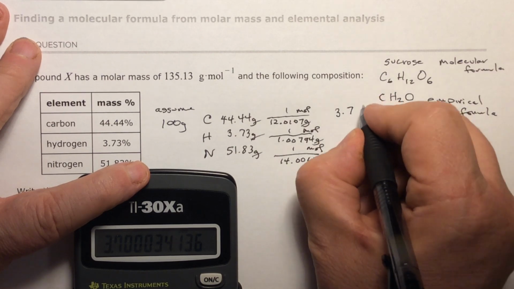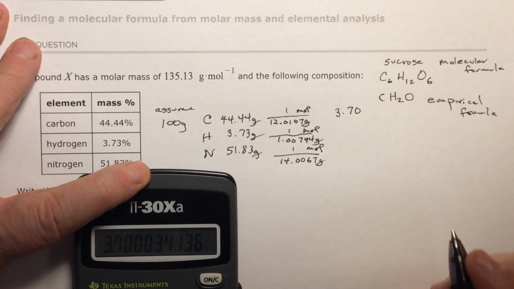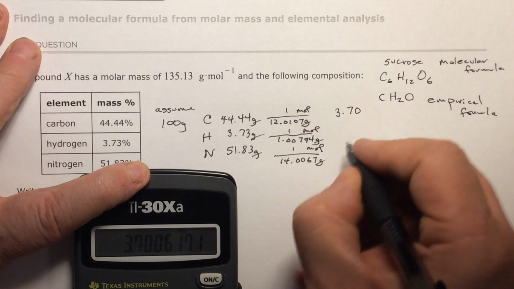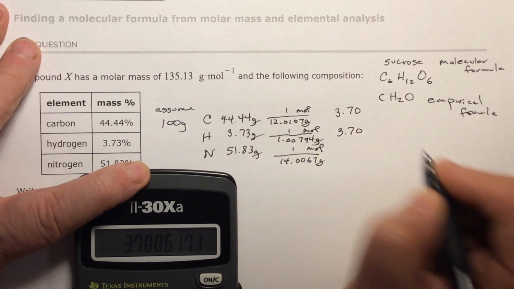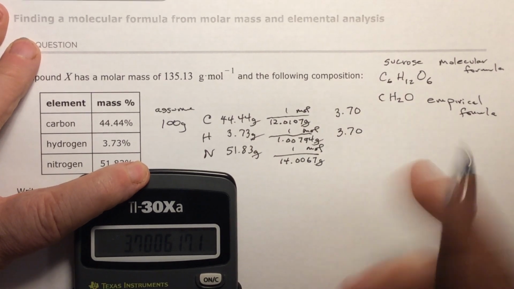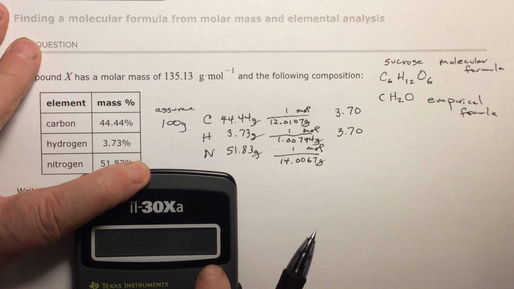Let's go ahead and do three digits. For hydrogen, 3.73 divided by 1.00794, and I'm going to have 3.70 also. So those will have the same number on my empirical formula.